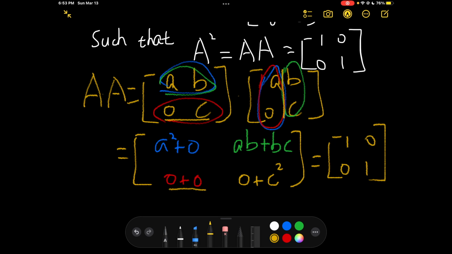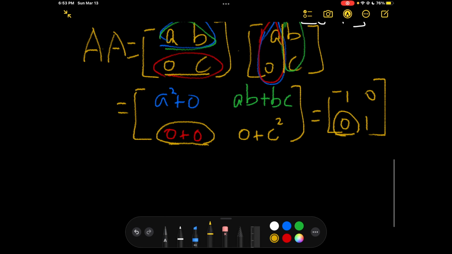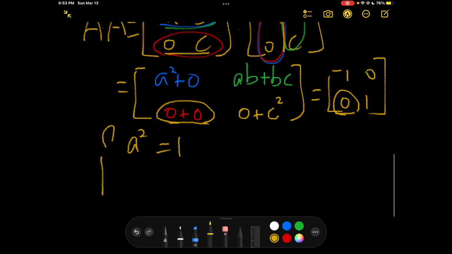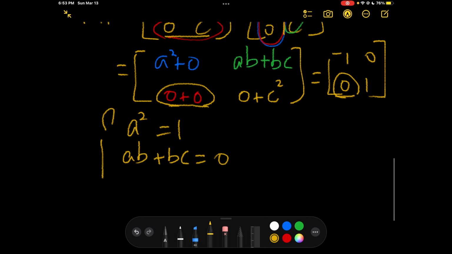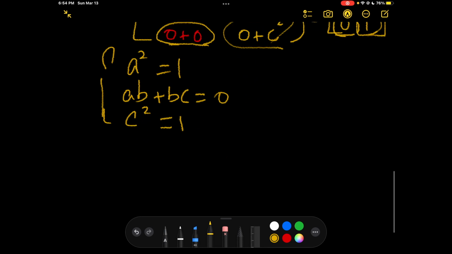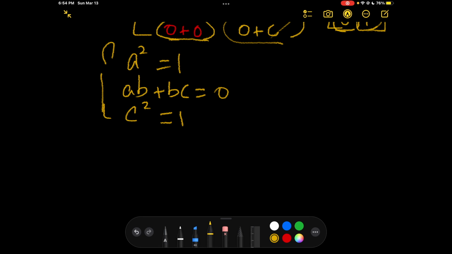We can tell this doesn't conflict because 0 equals 0. In order to satisfy the identity matrix, we need a squared equals 1, ab plus bc equals 0, and also c squared equals 1. So each corresponding entry matches the identity. We need to solve this system.